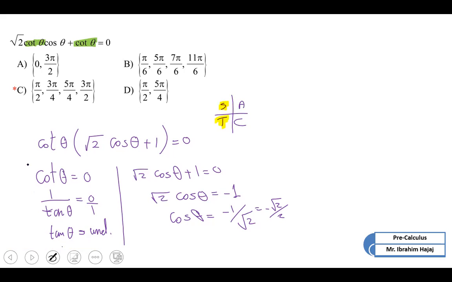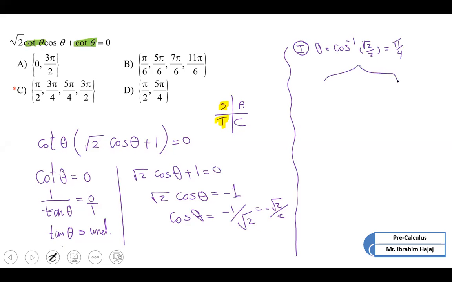Correct, cosine 45. So we have to find the angle in the first quadrant whose inverse cosine of radical 2 over 2 gives pi over 4.